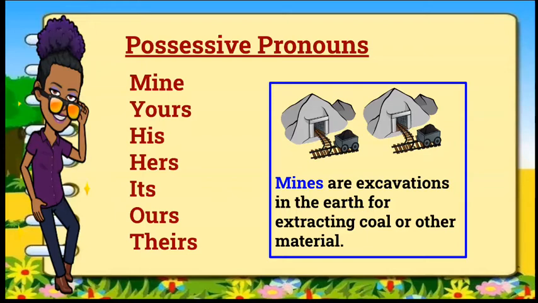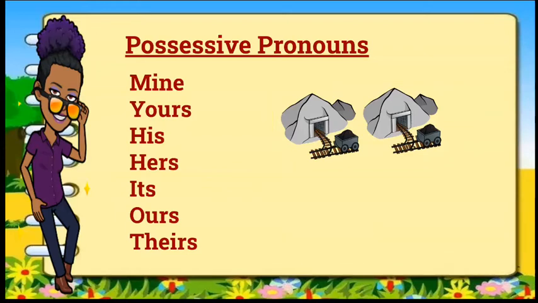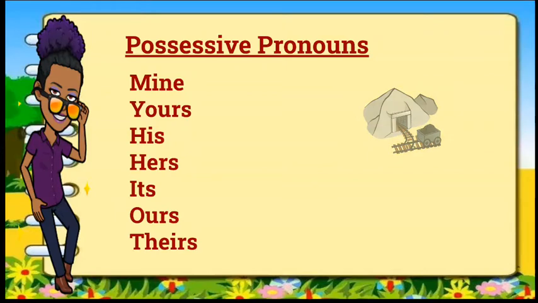So with possessive pronouns, we don't say mines, it remains as mine, while the others have their S at the end. So we have mine, yours, his, hers, its, ours, and theirs.